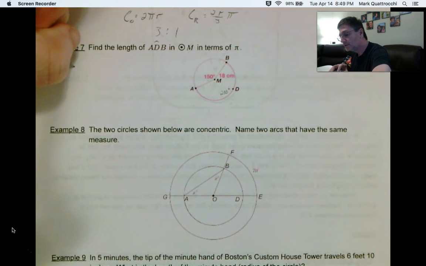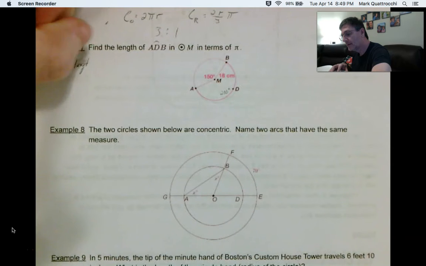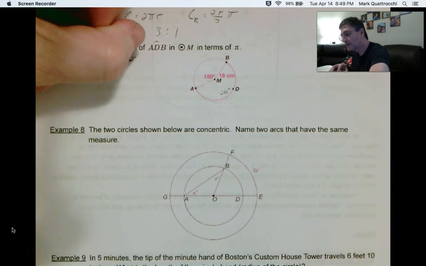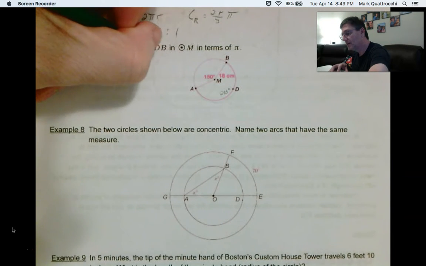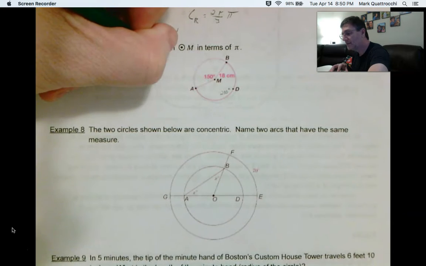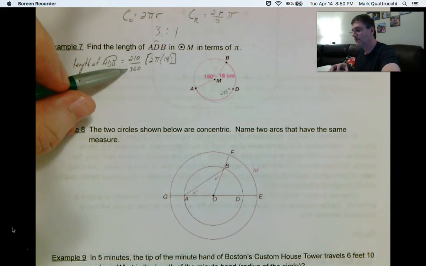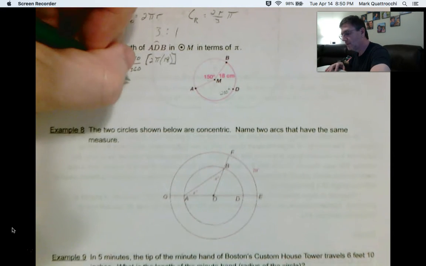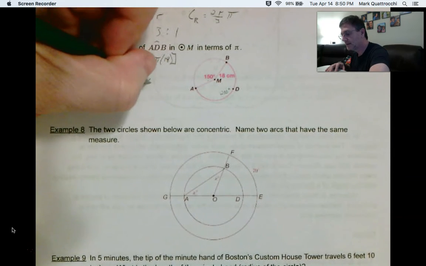So length of arc ADB is equal to fraction of the circle, 210 over 360, times the circumference, 2 pi times the radius, which is 18 centimeters. 21 over 360 reduces down to 21 over 36, and that reduces by another 3, 7 over 12, times 36 pi.